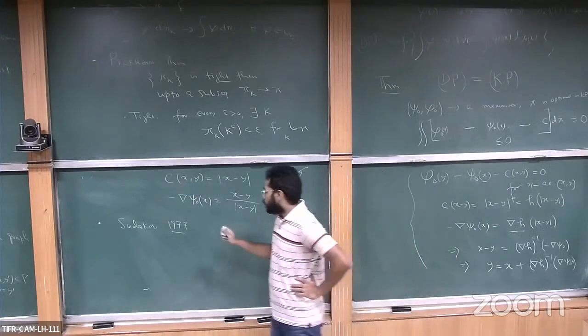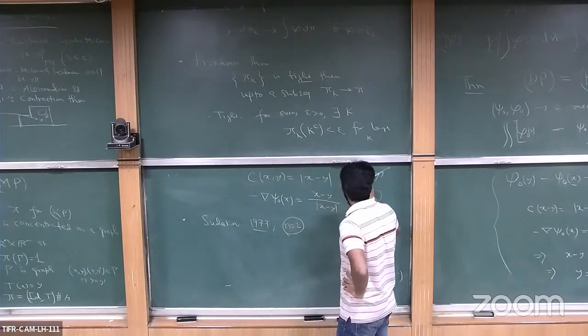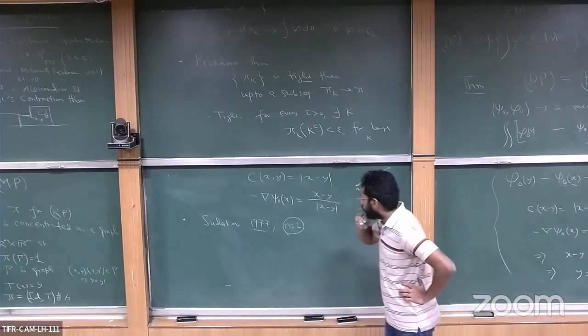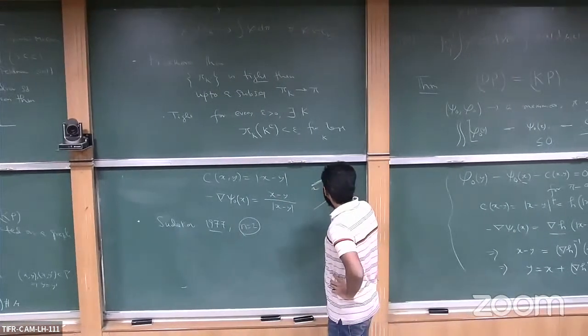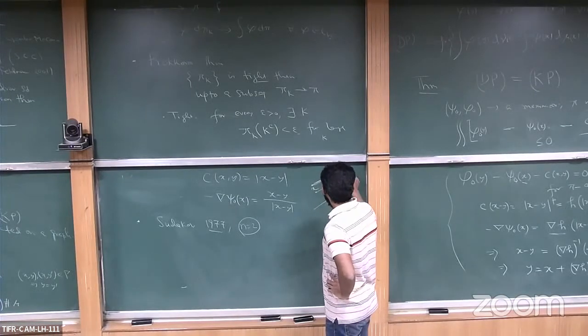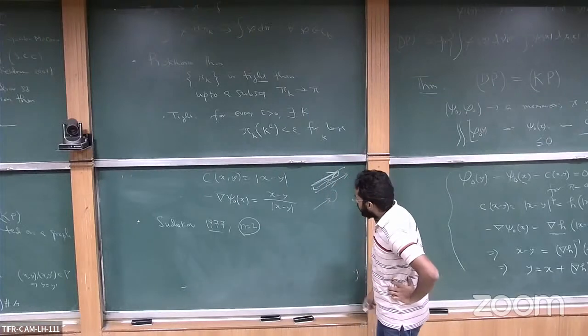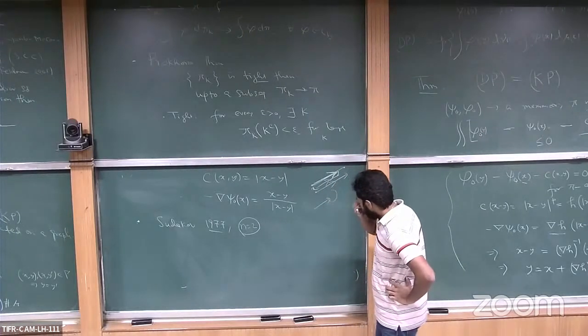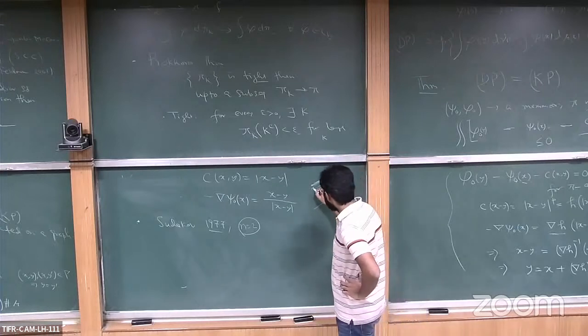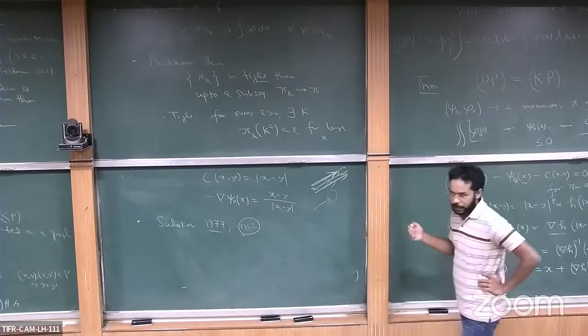But this actually works for dimension n equals 2. The difficulty in his proof was that these are the directions, so for each point it gives you the direction. From the picture, the main point is that these are called transport rays, and they don't intersect.